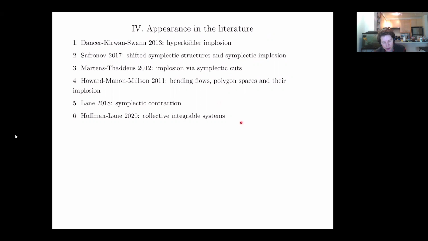And there is recent work of Lane together with Ben Hoffman about collective integrable systems. So symplectic implosion has had a lot of applications in different contexts.